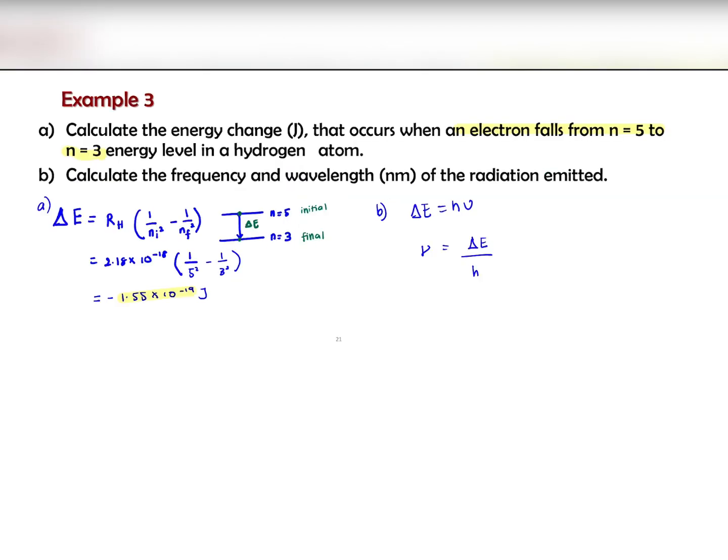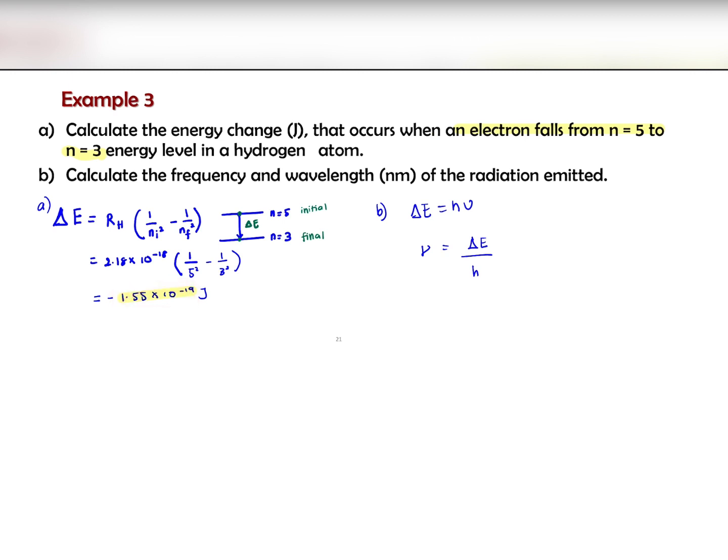So, for question B, kita nak cari frequency and then kita cari wavelength. So, the relationship between delta E dengan frequency, delta E equals to Planck constant times frequency. So, to find frequency, kita rearrange this formula and then masukkan value delta E. So, delta E ni kita hanya ambil value sahaja.